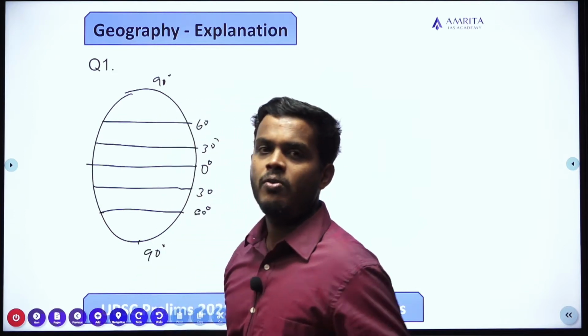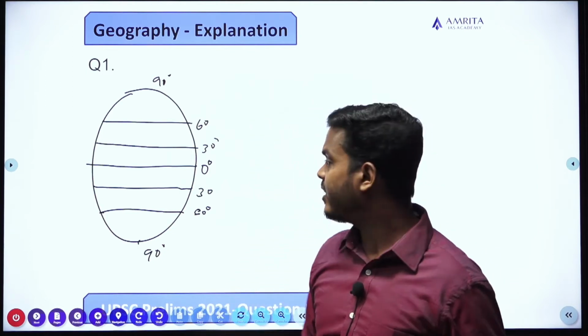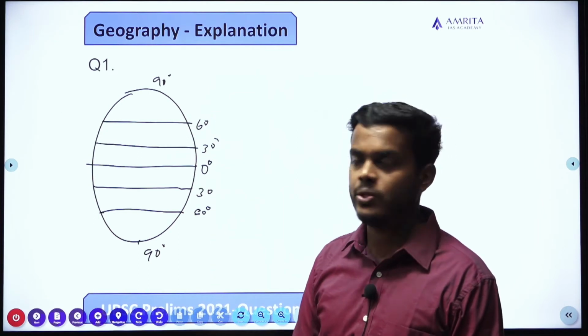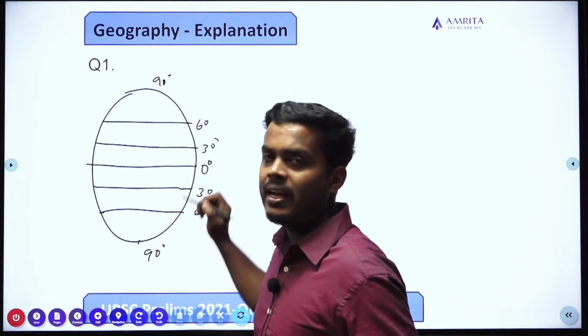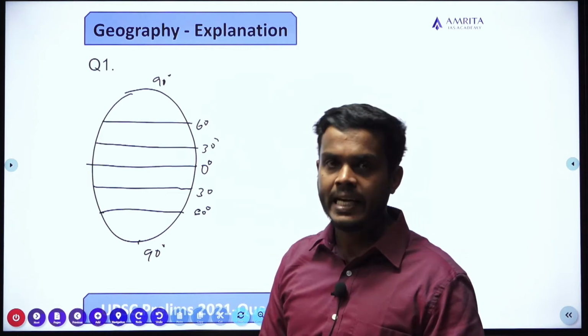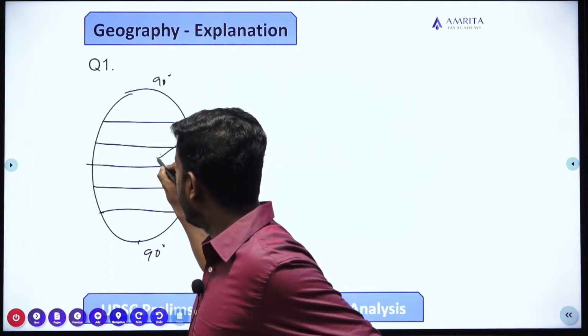Now, what are the patterns of prevailing winds? You may all know that we have different prevailing winds in the different latitudes. In the tropical latitude, between 0 to 30 degree latitude, we have trade winds, flowing in this direction.